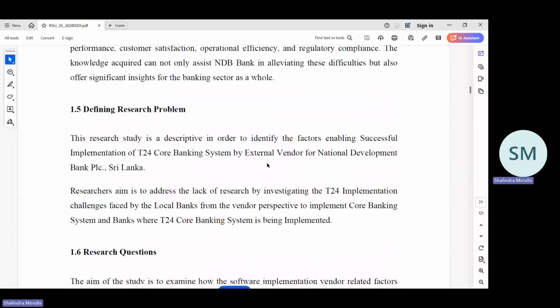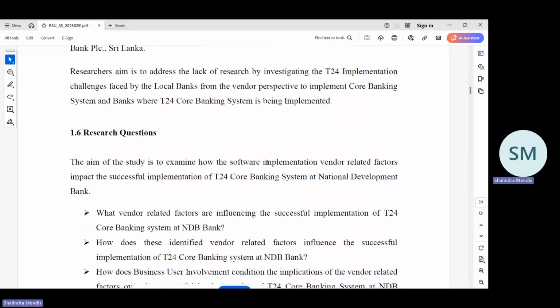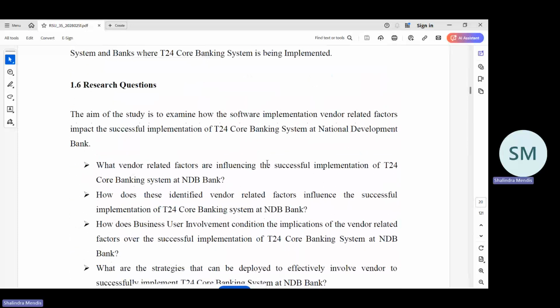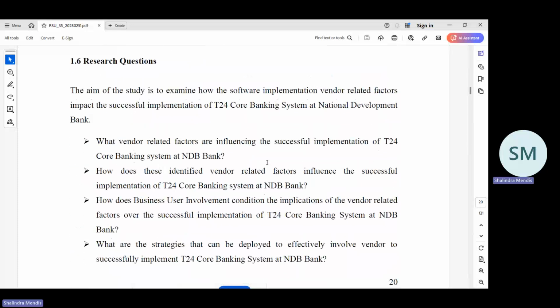Defining research problem. Research question. Research question is very important. You need to structure this right. Research question is basically what and how, what factors, how these factors, and what strategies you can effectively involve.